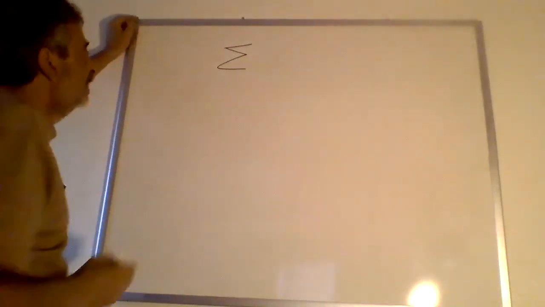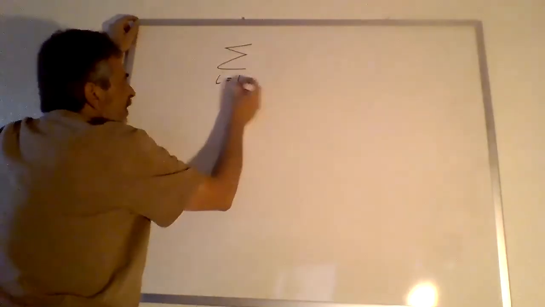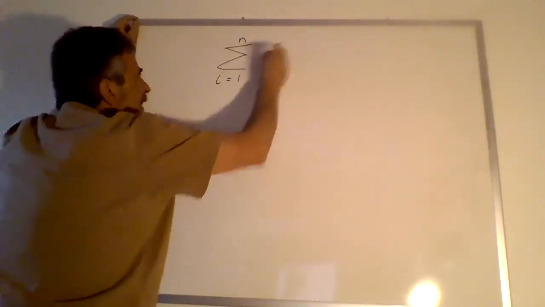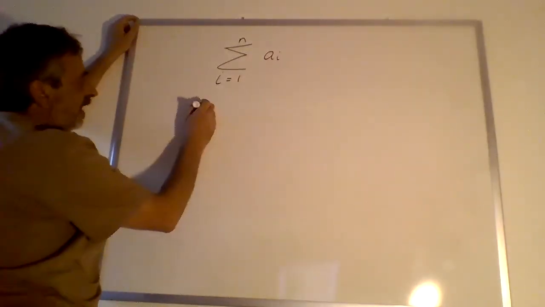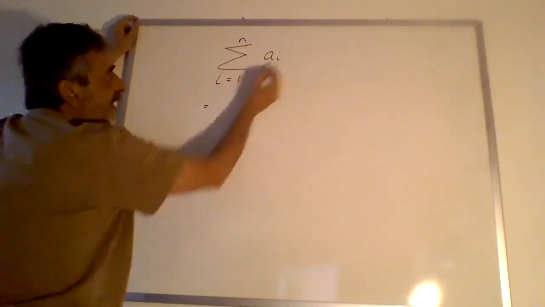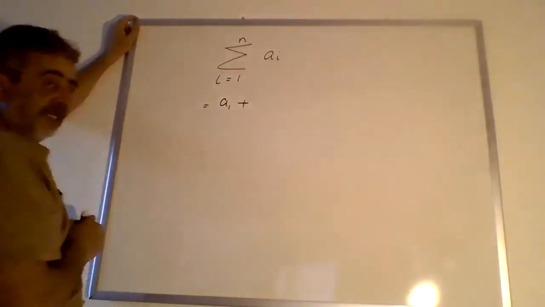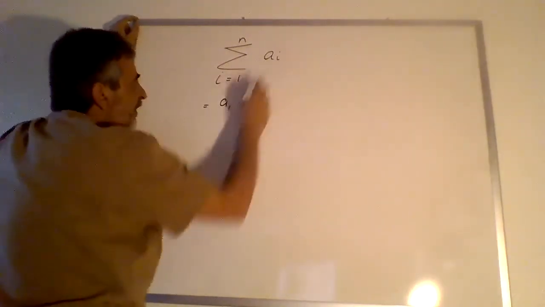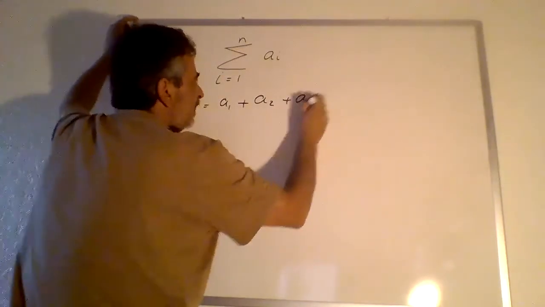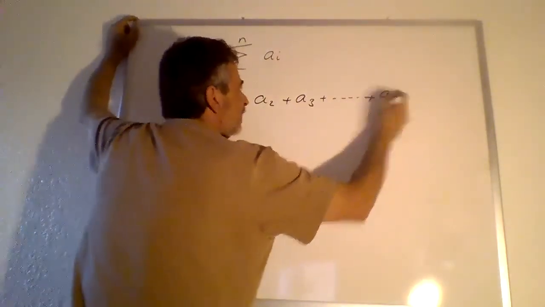For example, let's say i equals 1 to n, a sub i. So what does that mean? That means first we're going to replace i by 1. It's going to be a1 plus, then i equals 2, a2, plus a3, plus all the way to an.